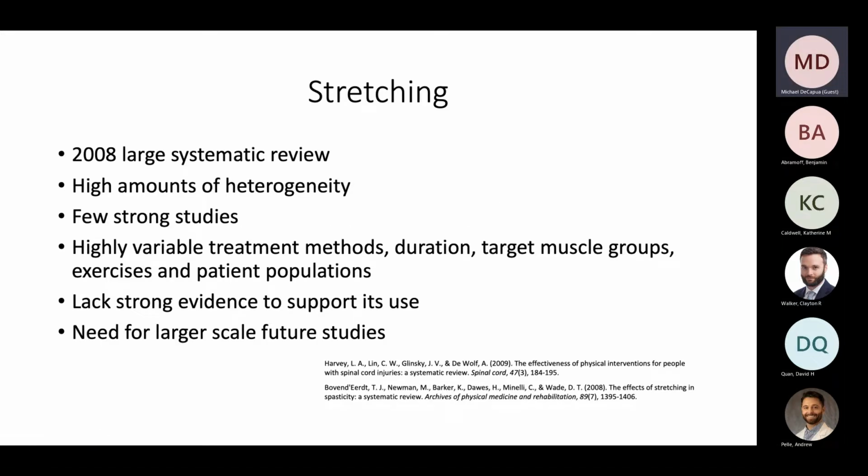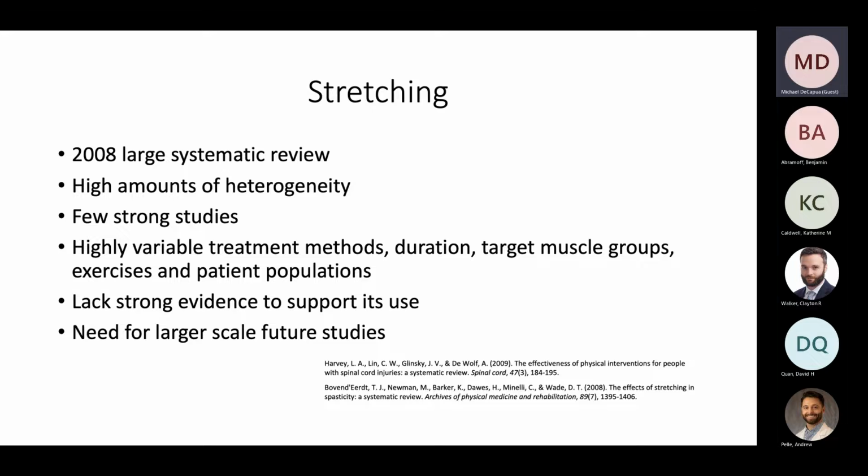First we have stretching. Stretching is one of the more common methods that we see with patients with spasticity. It's on the older end of the spectrum now: in 2008, there was a large systematic review that looked at stretching and its effect on spasticity for spinal cord injury patients. This study had high heterogeneity, but overall the takeaway was that there were very few strong systematic studies that looked at the effect of stretching directly on spasticity.